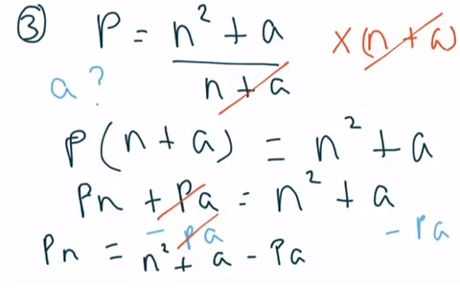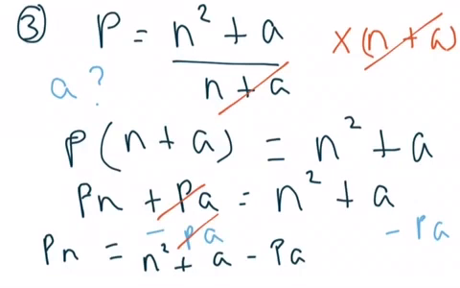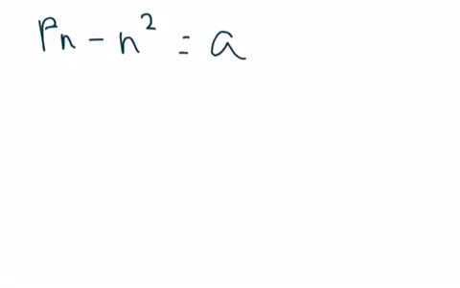So we would have on the left hand side then pn minus n squared, and on the right hand side we would just have the a minus pa.